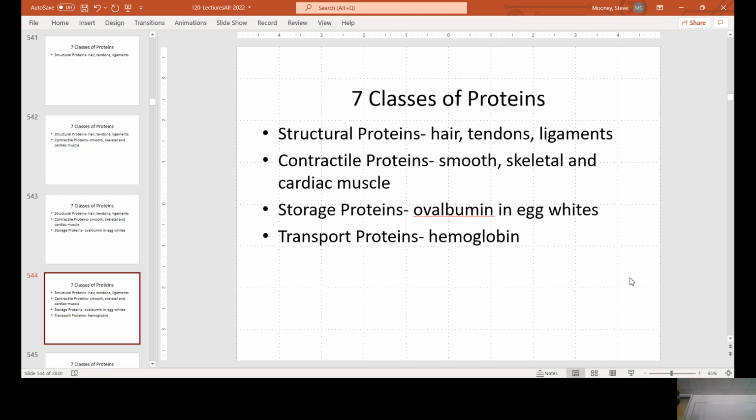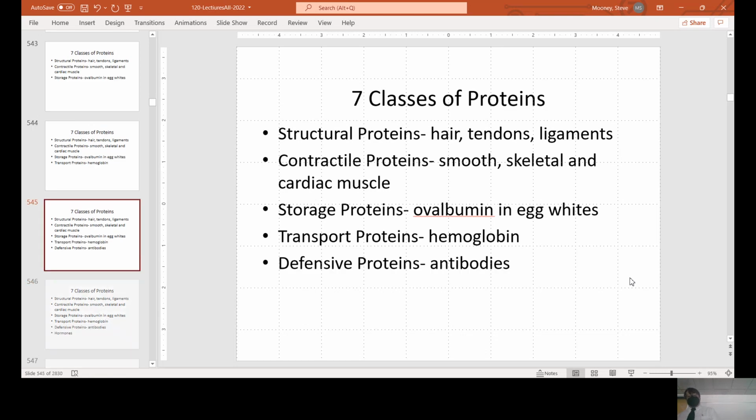You'll also have transport proteins for copper and iron, which do not work well floating free in the blood. You'll have transport proteins for fats, because fats are not soluble in the blood. So you've got some sort of bus that moves these things around.